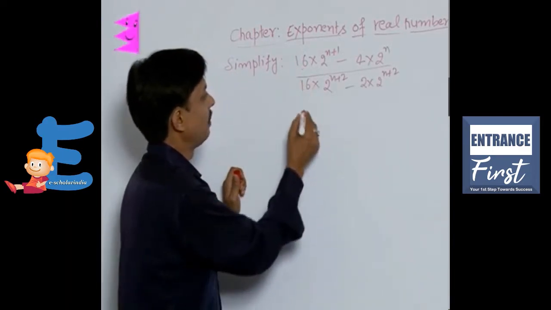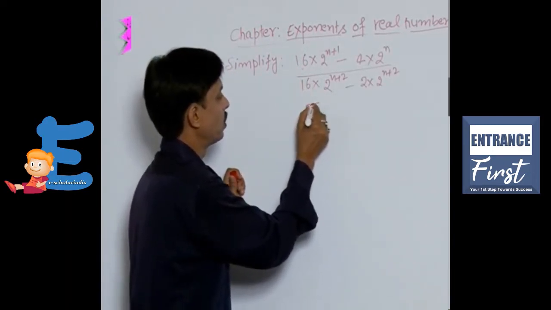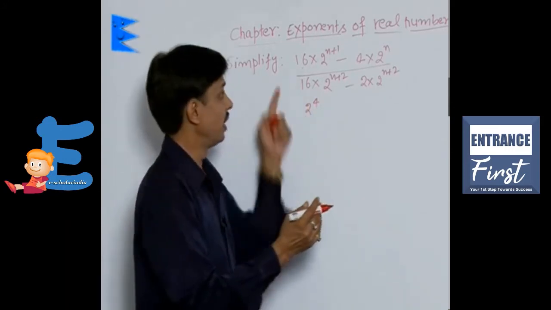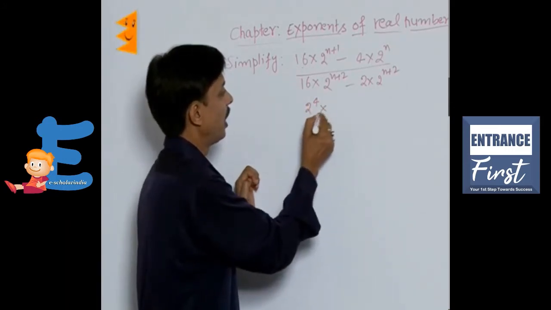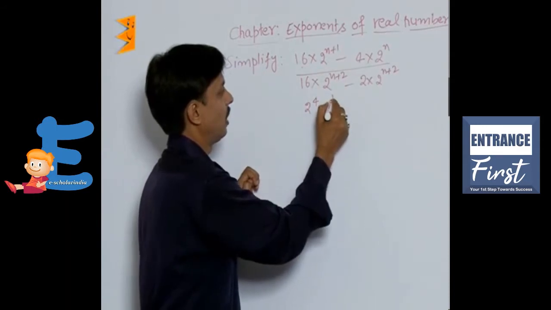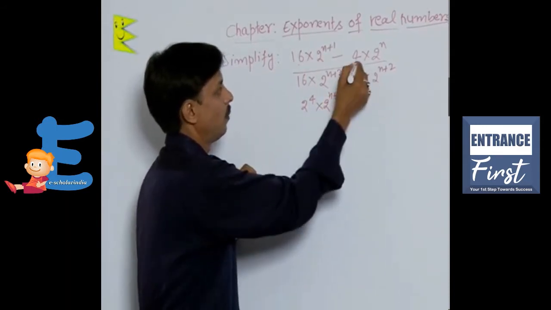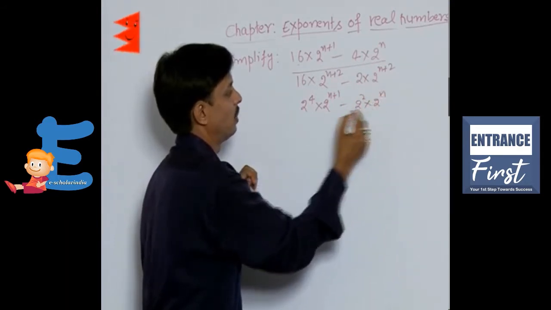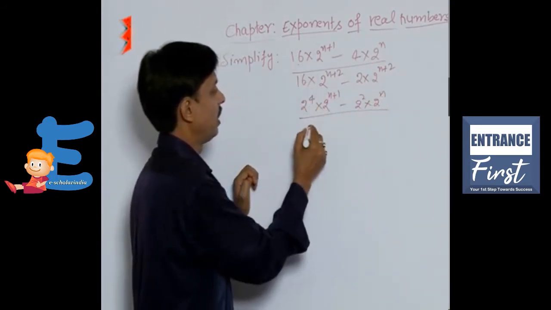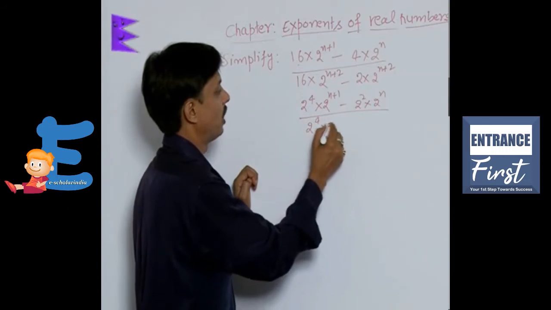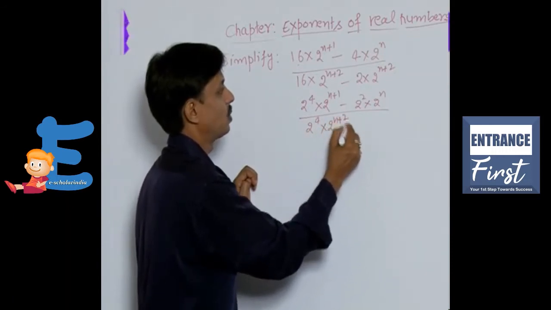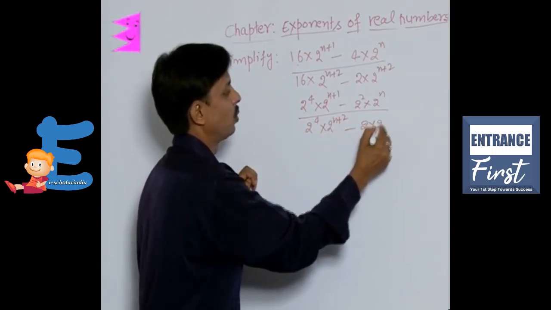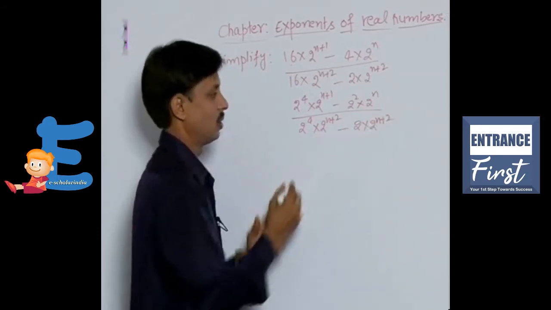This 16 can be written as 2 raised to the power 4. It is 2^4 into 2^(n+1). 4 can be written as 2^2 into 2^n, divided by 2^4 into 2^(n+2) minus 2 into 2^(n+2).